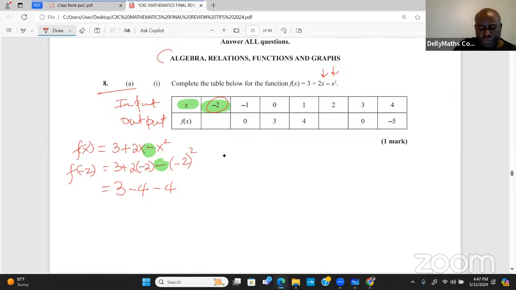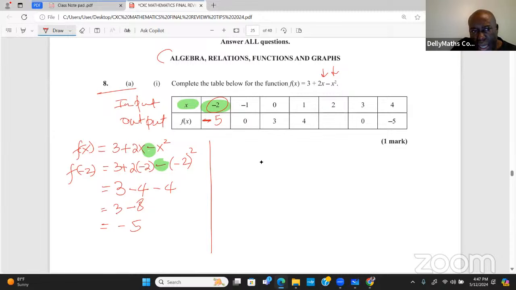Let's see what we get here. So what we have here is actually 3, this is a -4, this is -4. This gives me -5 right here. All right, there you go. That's my -5 right there, right? So -5, that's that one.